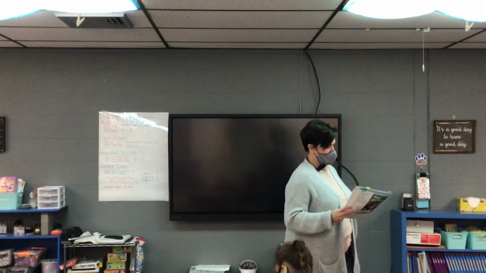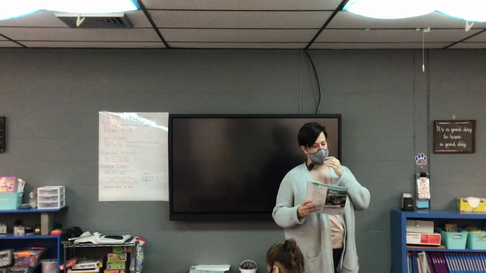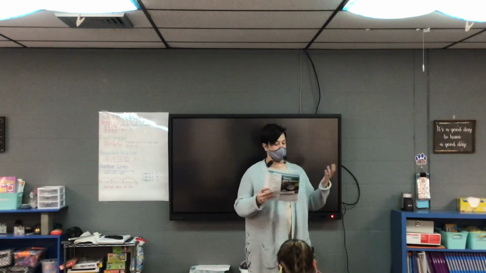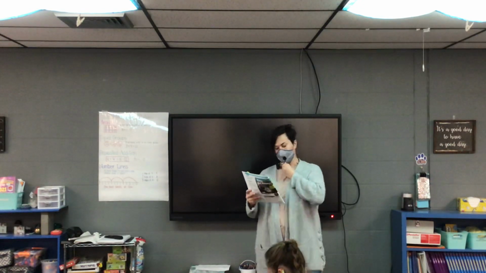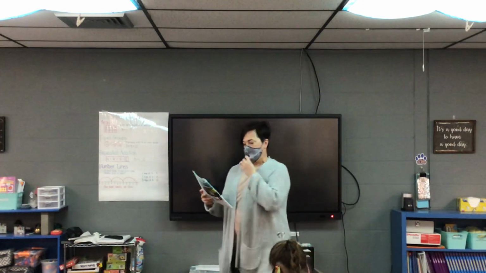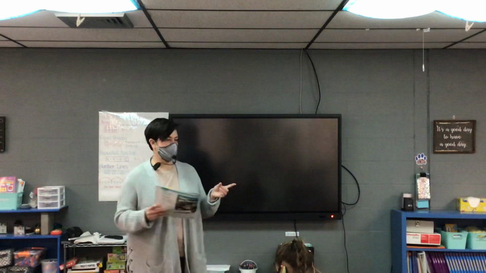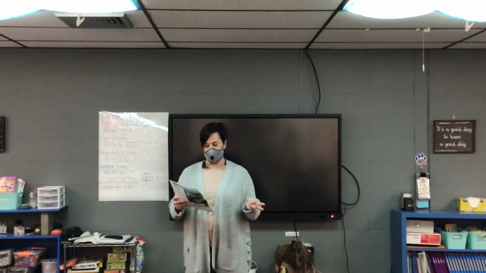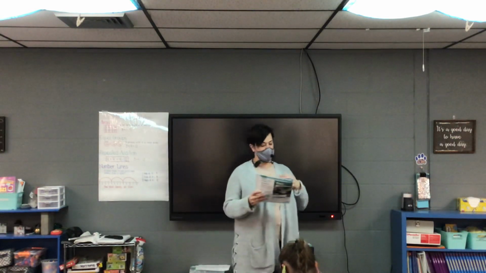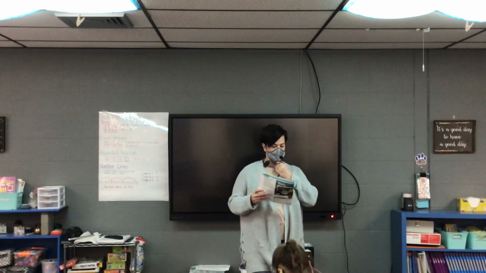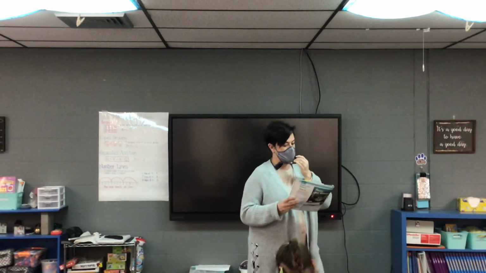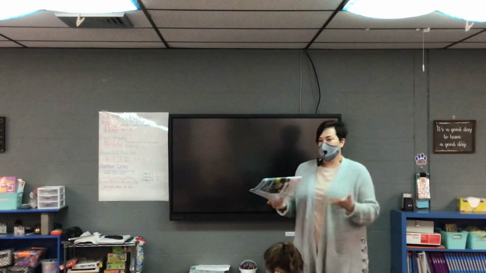Okay, do you see all the different lessons that we're going to be going through? There are 6 different lessons, and then there's a review after we're all done with that. The first lesson is about plant life cycles. The second lesson is about animal life cycles. Lesson 3 is how living things change, because we don't stay the same, do we?